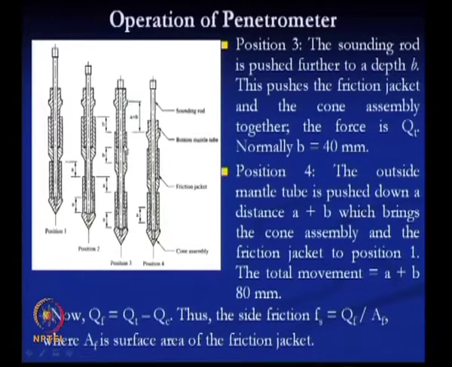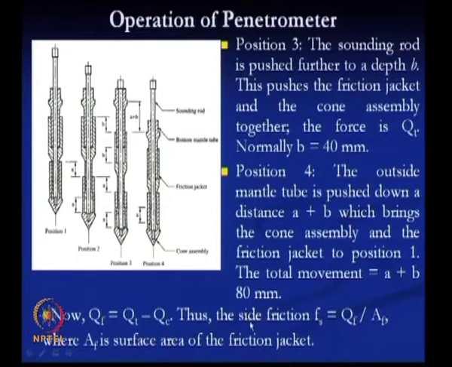If we want to find the frictional resistance, the force coming only due to friction, we subtract QC from QT and we get QF, the force due to the frictional resistance.